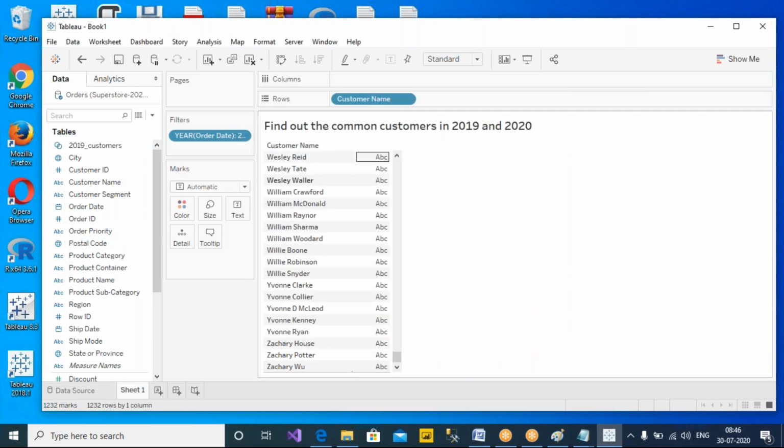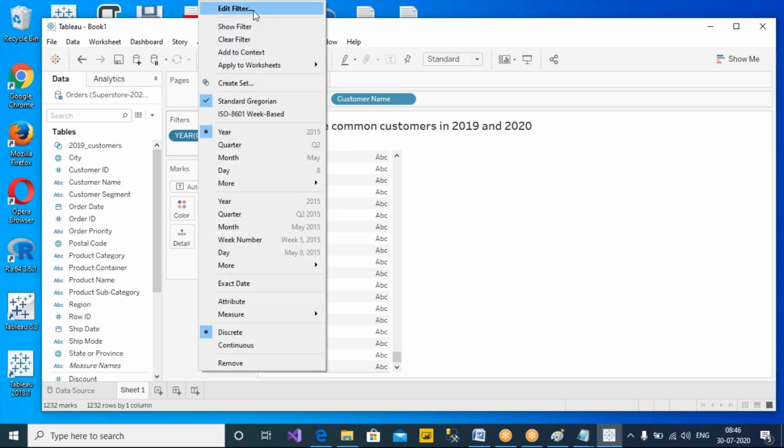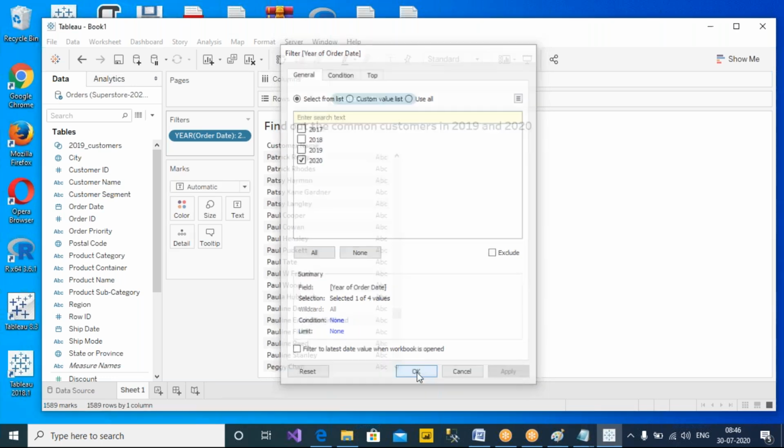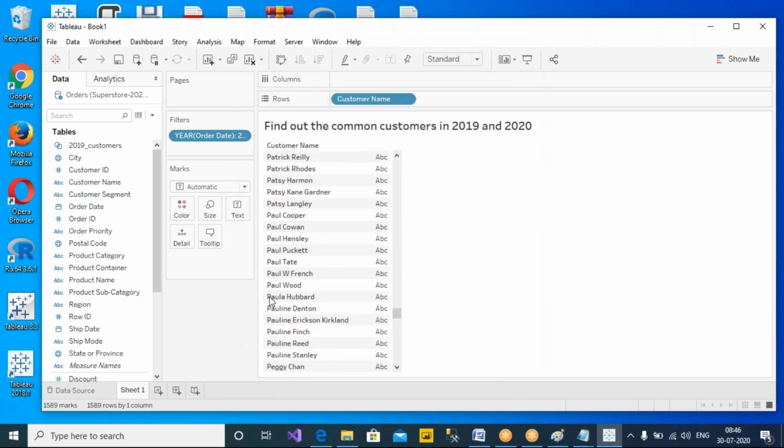All right, and let's create a similar set for 2020. Edit the filter, then select 2020, say apply, say okay. Now how many customers do you have? I can see that here it is 1589 customers.